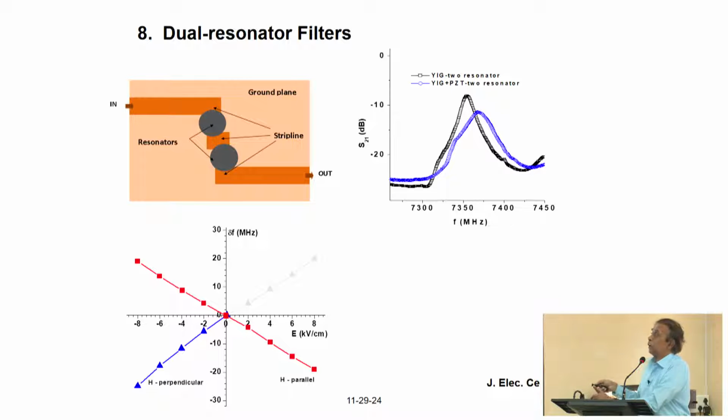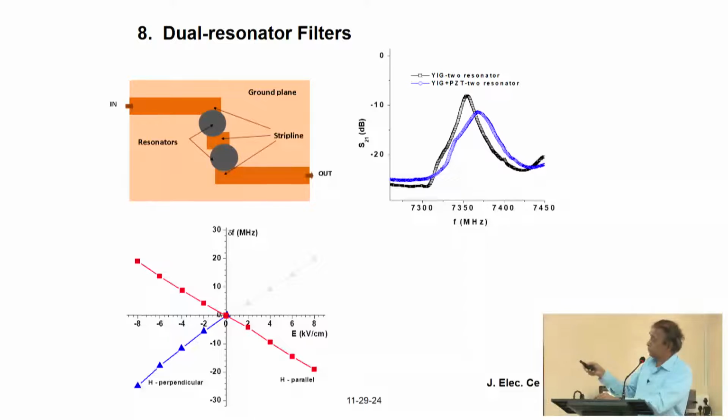Then instead of only one EPCT, you have 2 of these elements. The idea is when you have a dual resonator filter, you can have a pass band which is rather flat but wide. So, if you want the filter to work over a wide frequency range, you have to increase the number of resonators from 1, 2 and 3. So, that is what is shown in this particular case.